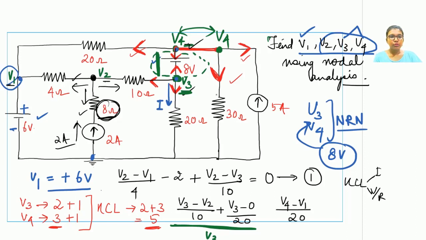Coming down to these two branches, it can be written as V4 minus 0 upon 30, plus this last branch which has a current source present in it. So the current value is to be mentioned in the KCL equation. The current source is traveling in the opposite direction of that assumed by us, so it will carry a minus sign: minus 5. So these three represent the KCL terms for V4.